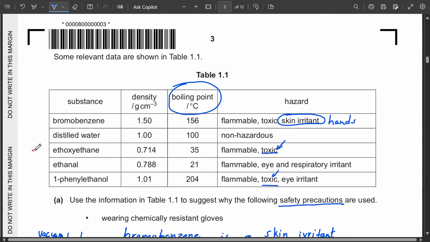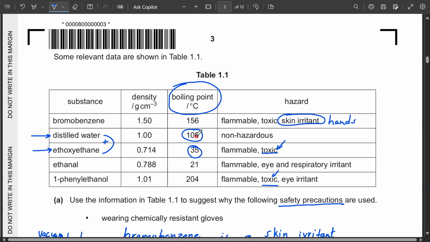We have the ethoxyethane mentioned over here, and the distilled water mentioned over here. They are both mixed into each other. Now, we have different boiling points for them, 100 degrees centigrade and 35 degrees centigrade, so we can separate these two components from each other simply by setting a different temperature.